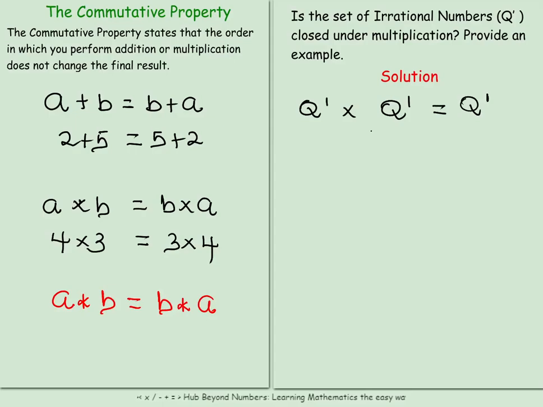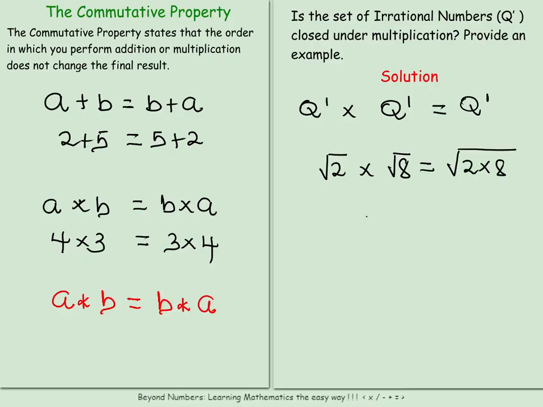Now, if you have a basic knowledge of sets, then for A, which we would call, let's say, root 2, if you multiply root 2 by root 8, our basic knowledge would tell us that we have to evaluate 2 times 8.